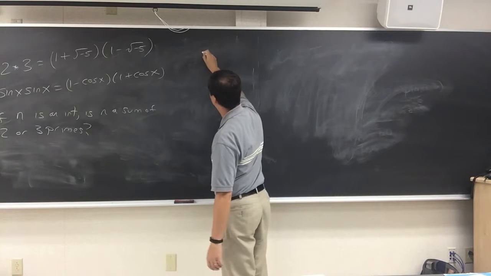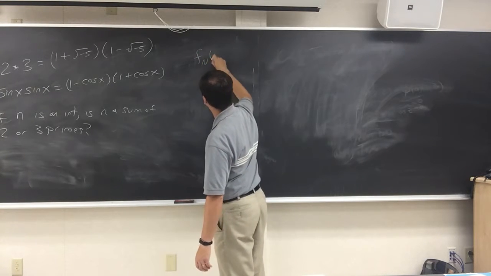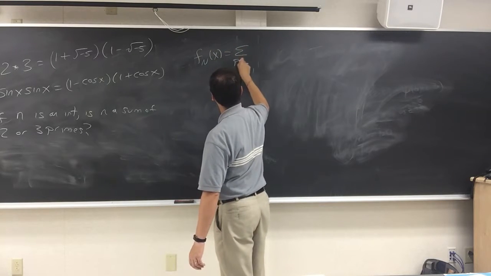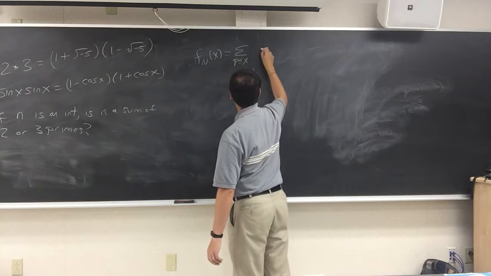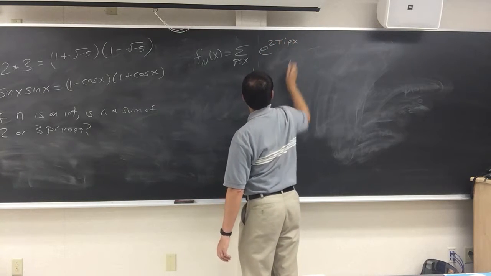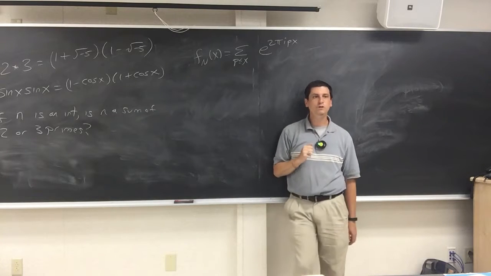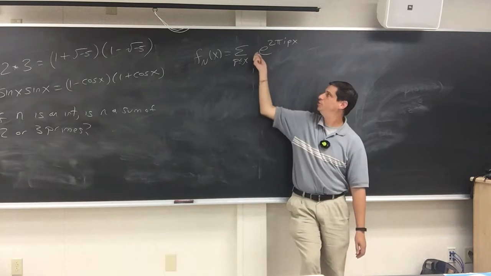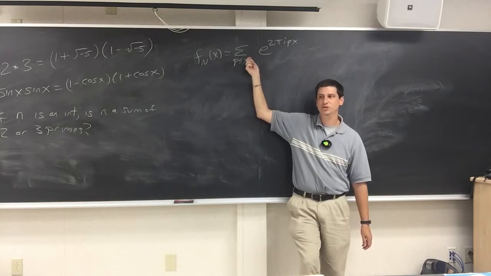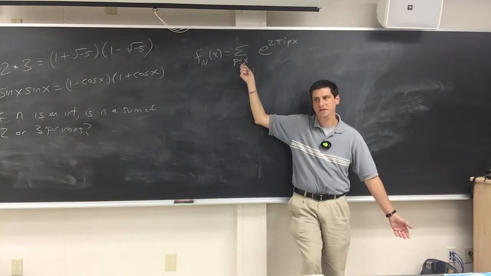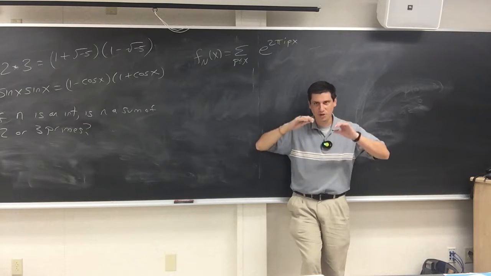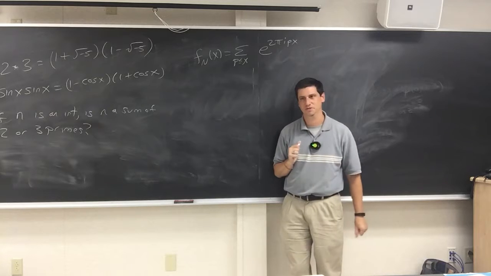So let's define f_n of x as the sum over all primes p at most x of e to the 2 pi i p x. If you really want to do things well, you would put a log p weight. You don't treat all primes equally. You bias a little bit, so the larger the prime is, the more weight it gets. But it's a slowly varying weight. It's a small amount of discrimination. We're able to do small amounts of discrimination on this campus.